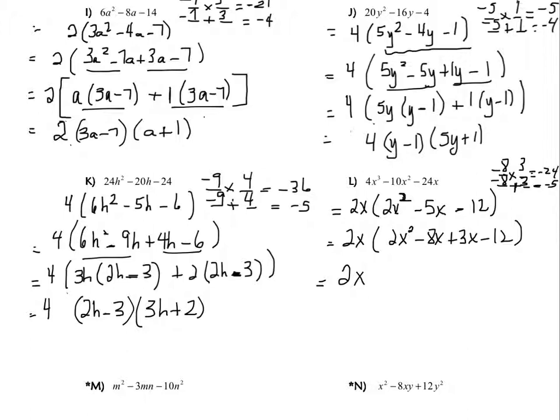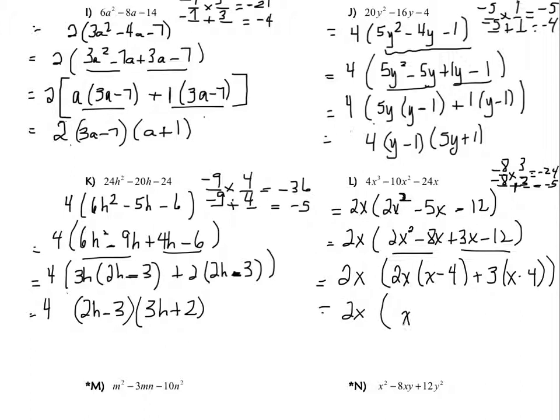Okay, so then we have group. So we go back 2x outside of x minus 4, plus the next group, 3 is a common factor outside of x minus 4. And then we would have 2x outside of x minus 4 by 2x plus 3.